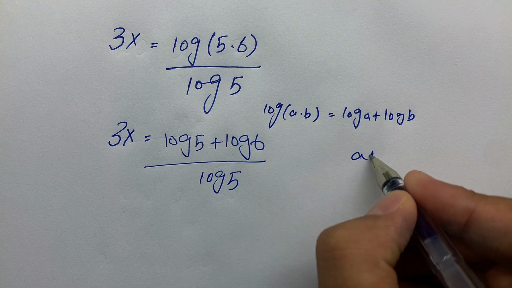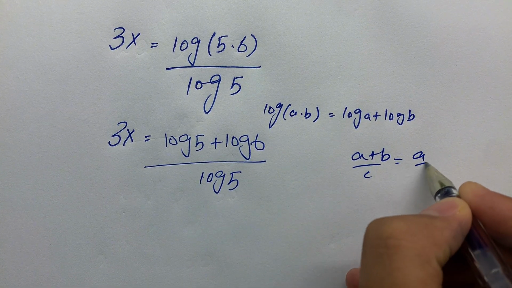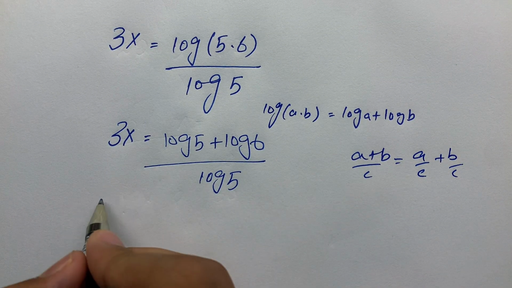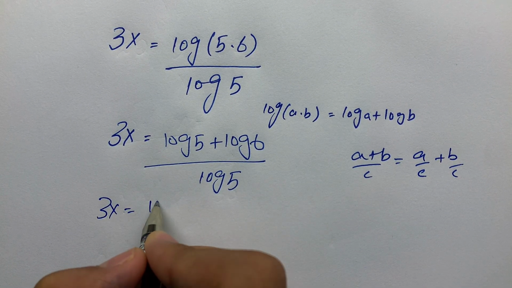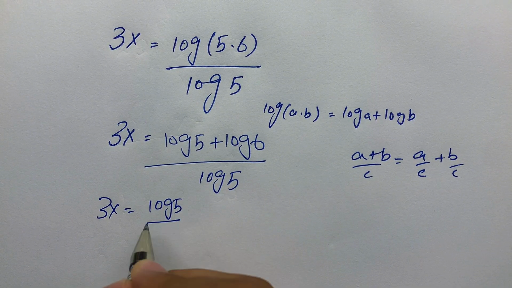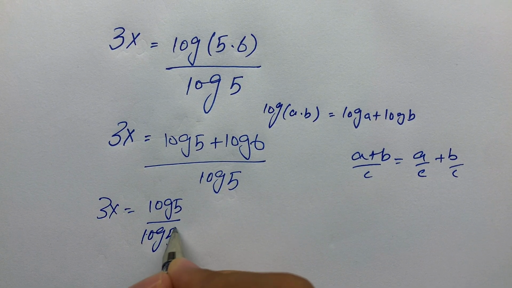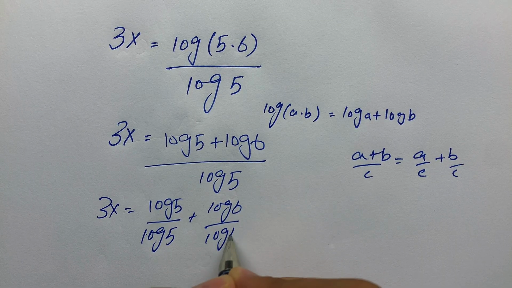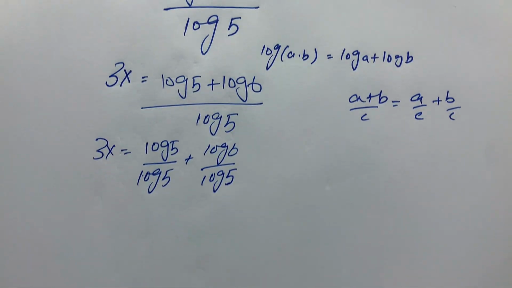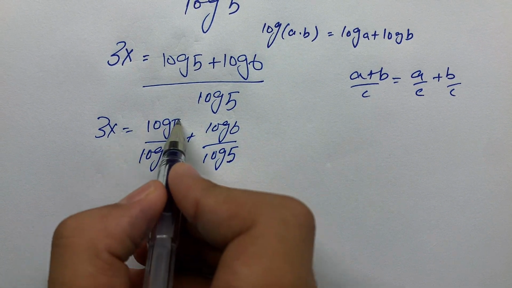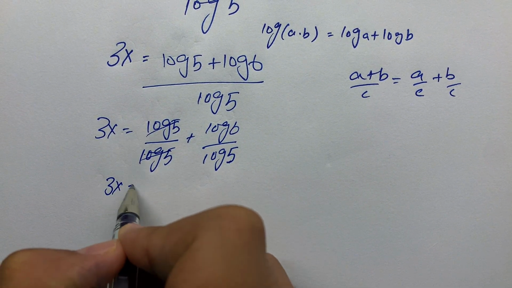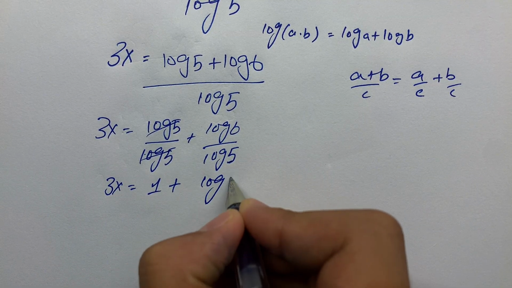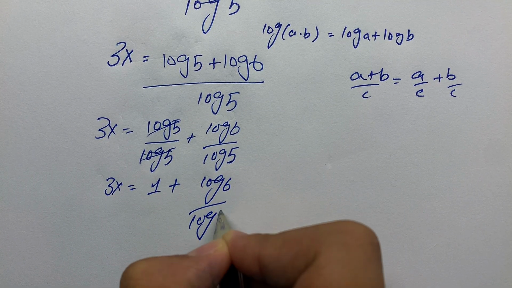Now (a plus b) divided by c is equal to a divided by c plus b divided by c. We are using this formula. 3x is equal to log of 5 divided by log of 5 plus log of 6 divided by log of 5, and this will cancel with this. Remaining, 3x is equal to 1 plus log of 6 divided by log of 5.